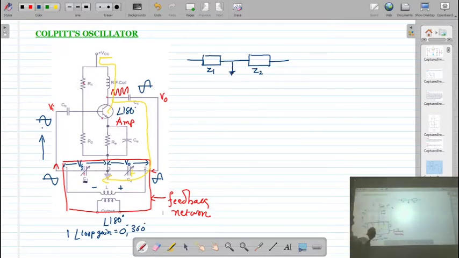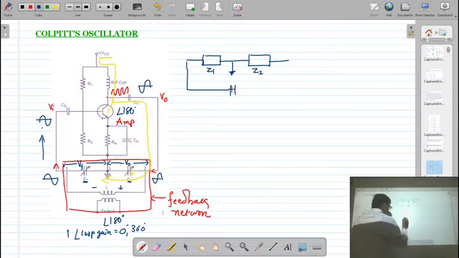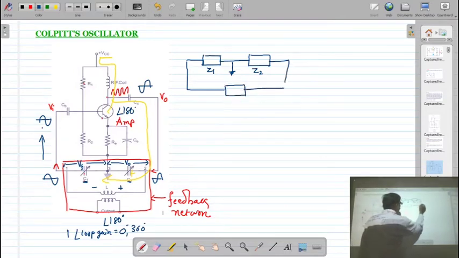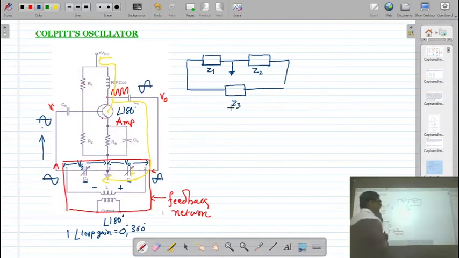Remember the capacitor C1 is here, C2 is here, represented as Z1 and Z2, and parallel to this we have another impedance, and we call this Z3.